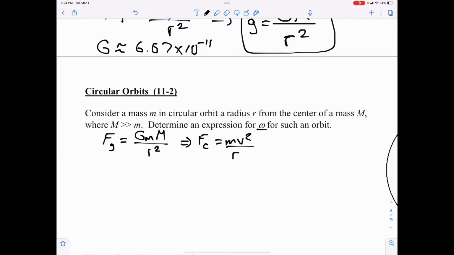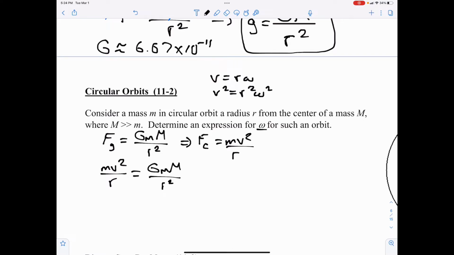Now, we want to write it in terms of omega, so let's remember a couple things. V is equal to R omega, so V squared would just be R squared omega squared. Let's plug in for that. I have mv squared over R equals G little m big M over R squared.